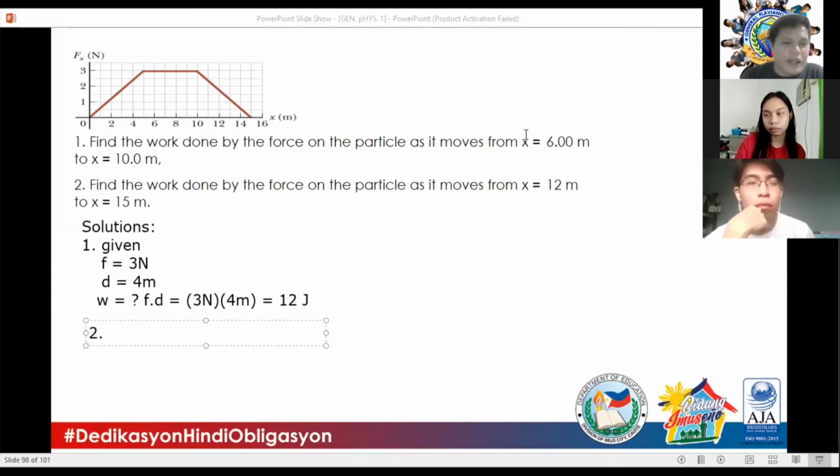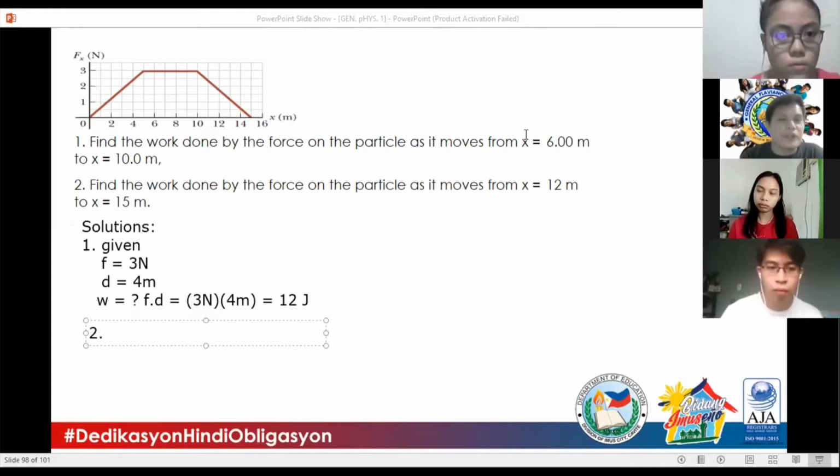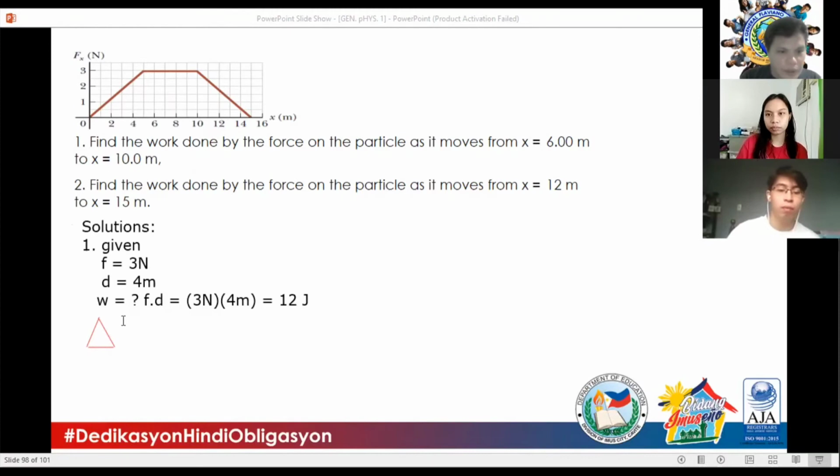So the area of triangle is 1/2 base times height, di ba? 1/2 base times height. So, ibig sabihin, your height dito will be your force, and the area of this is equal to 1/2 base times height.